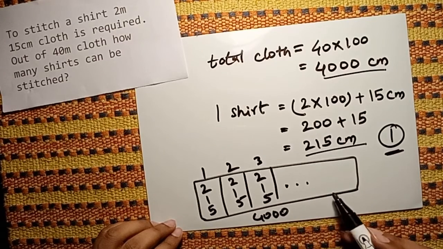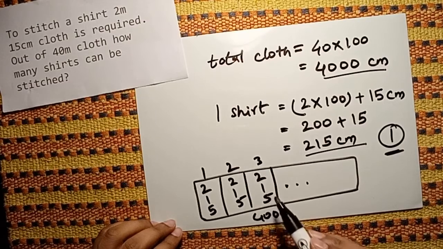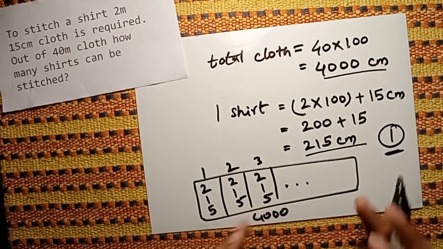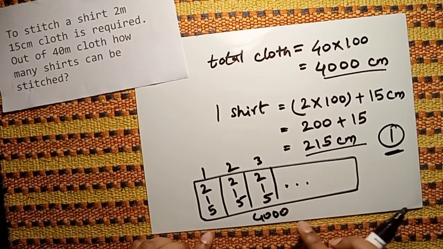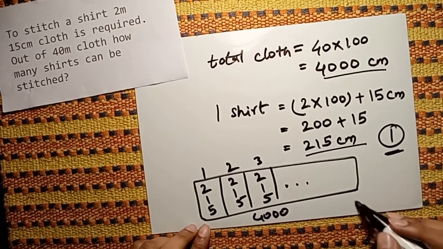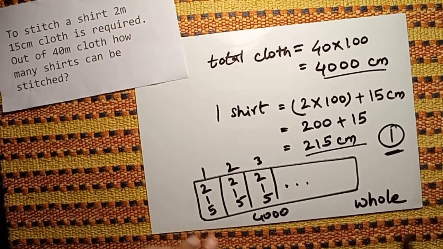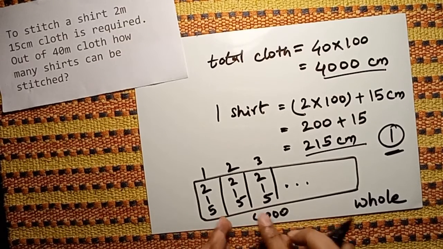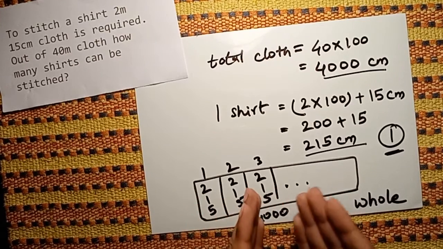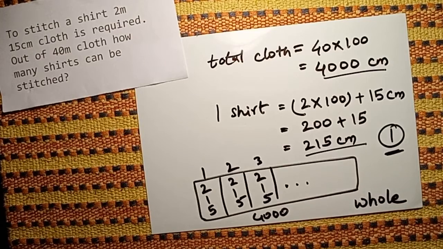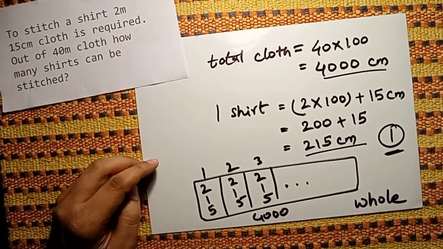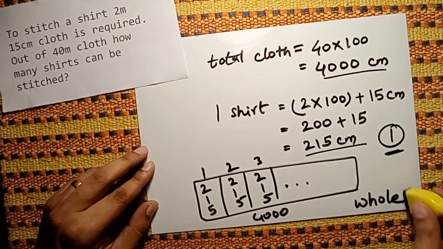I need to find out how many such parts are there in the whole. The whole is 4,000. In this, how many parts of 215 are there? So whenever I am dividing, I'm dividing it into 215. So it becomes a division operation. This is another way to think about it.